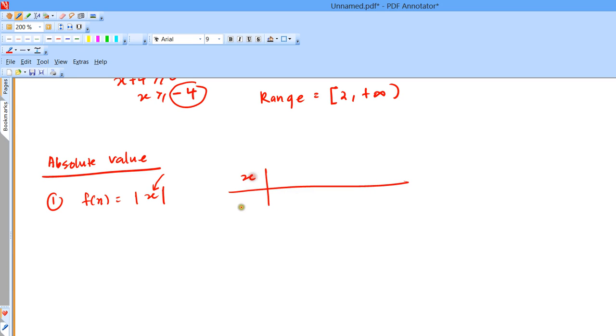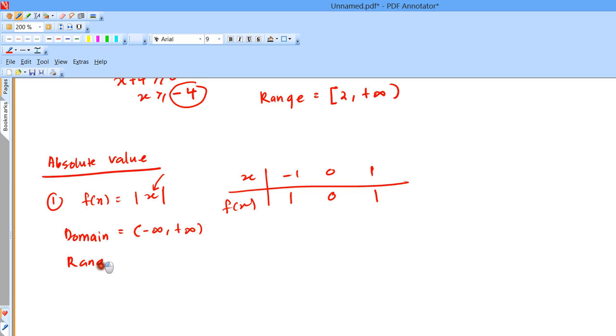So here is x and then f(x), for example negative 1, 0, 1. If you put negative 1, f(x) equals 1. You put 0, f(x) equals 0. You put 1, equals 1. So we know that the domain can be any value, from negative infinity to positive infinity.